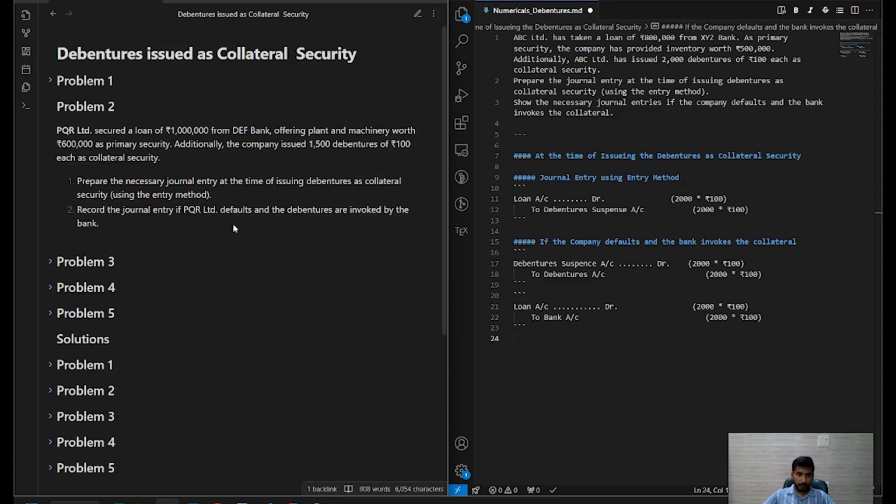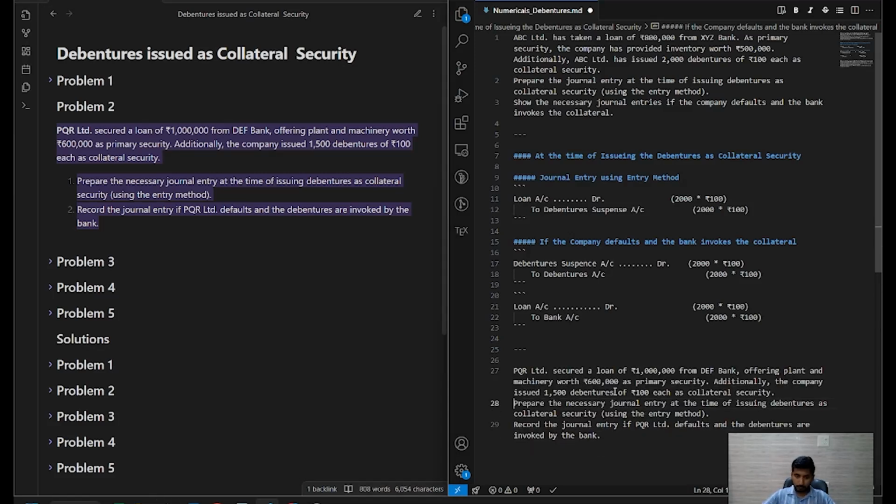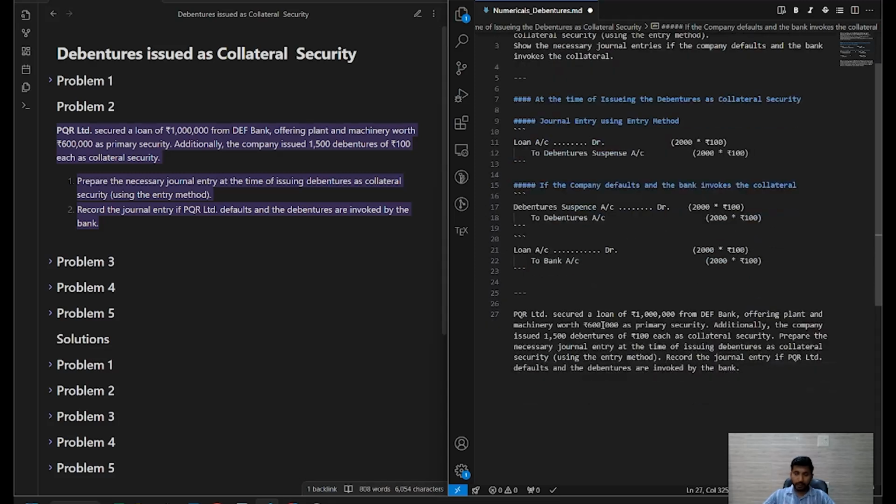Then let us take another problem. PQR Limited secured a loan of rupees 10 lakhs from DEF Bank, offering the plant and machinery worth rupees 6 lakhs as the primary security.